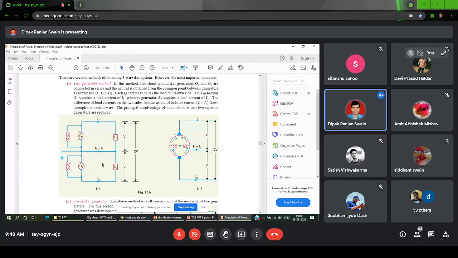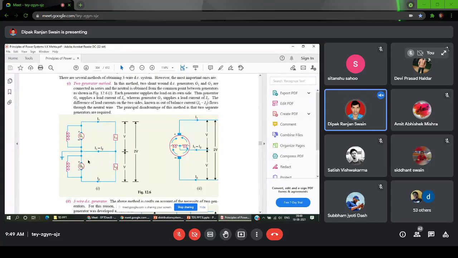Now, if you have a very heavy load, you can take a connection directly from the two outer lines, where the voltage available is 2V. So you may say this is 110 volt, this is 110 volt. If you have very large loads, you can run them at 220 volts also. So that is the advantage of the two generator method or three wire system.